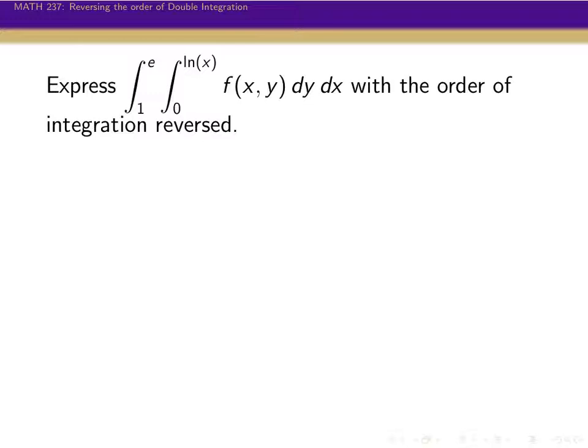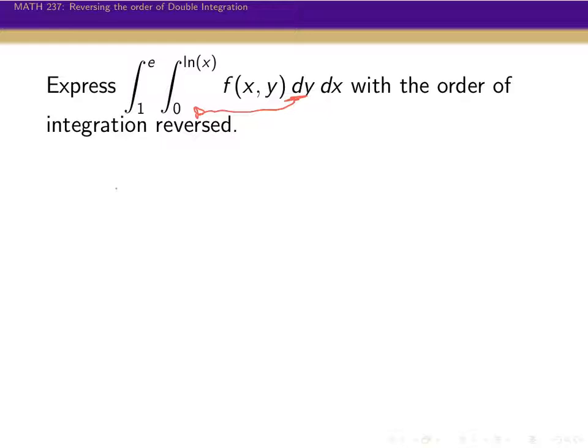Okay, so we're going to do a couple more examples to see how this works. We're not actually going to do the integration here. We're just going to work on reading off what the region is and then rewriting it with the variables reversed. Okay, and so looking at this integral, our inside bounds are in terms of y, and it goes from y equals 0 to natural log of x.